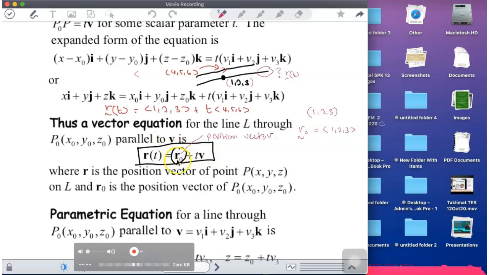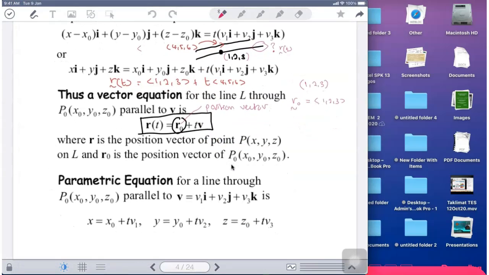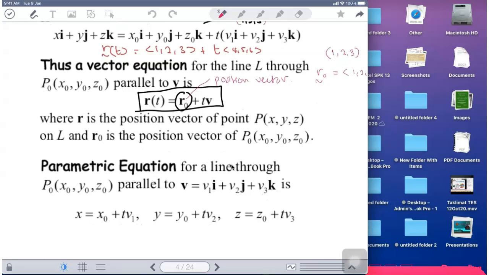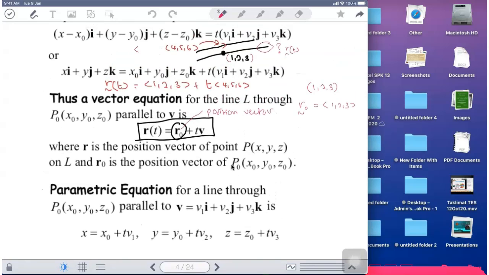Then you have to add T multiplied by the vector V. So what is the vector V? Vector V is the vector which is parallel to the line that we are looking for. So you must have these two pieces of information: the point and also the vector which is parallel to the line. Then we substitute.